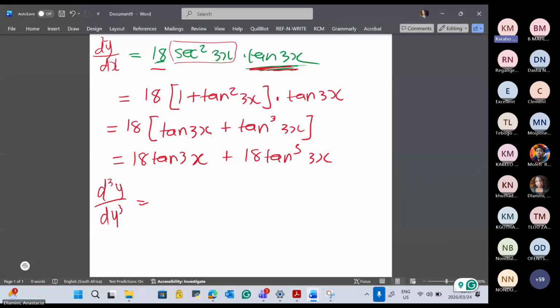It's going to be 18 sec squared 3x times 2, multiplied by 3, plus 18 sec cubed... there's a 3 here. No, sorry, ma'am. 54.